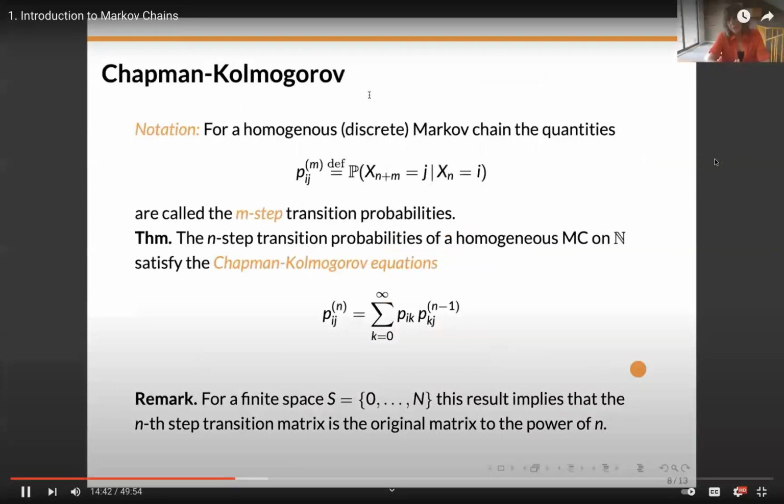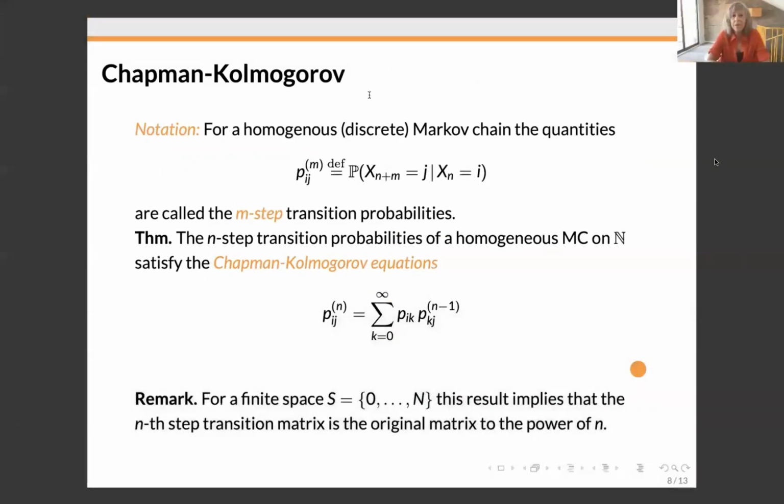We're going to see now the second topic, the Chapman-Kolmogorov equations. For a homogeneous discrete Markov chain, these quantities P_ij^(m), which are the probability that X_{n+m} equals j given X_n equals i, are called the m-step transition probabilities, because going from step n to step n+m we need m time slots, usually called steps.